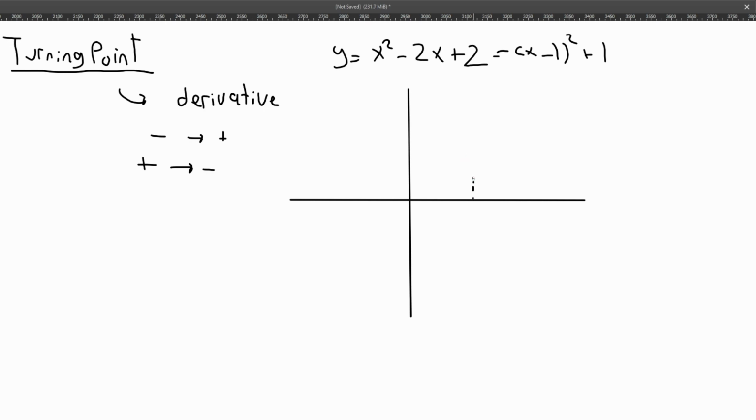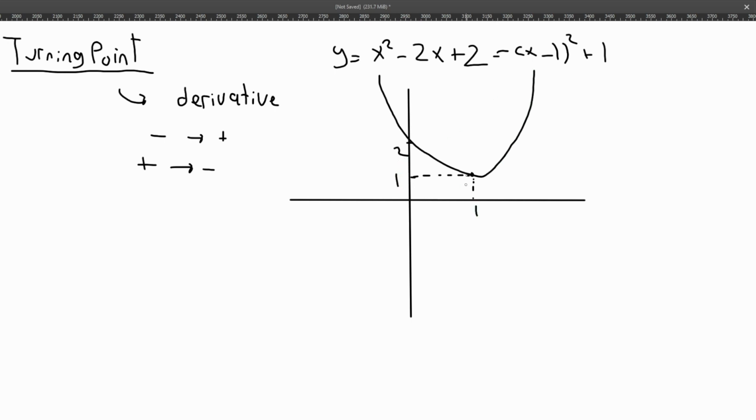So it would be something like this. It intersects the y-axis at 2. So it would be something like this, if I can draw correctly. Okay, whatever, you get it.